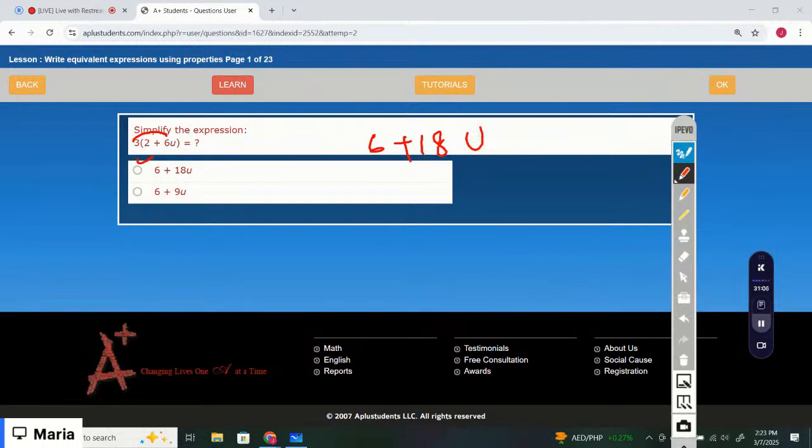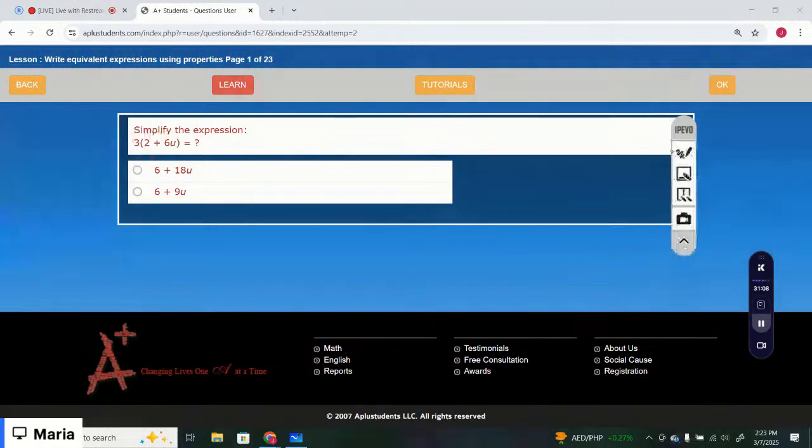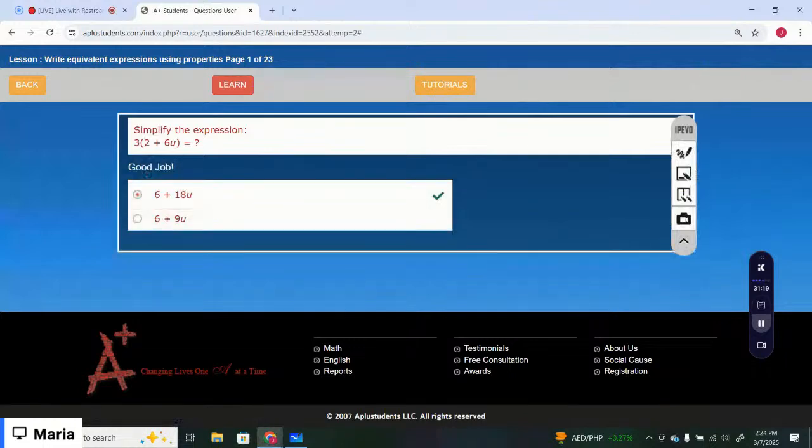So that is 6 plus 18. Option number 1 is the correct option.